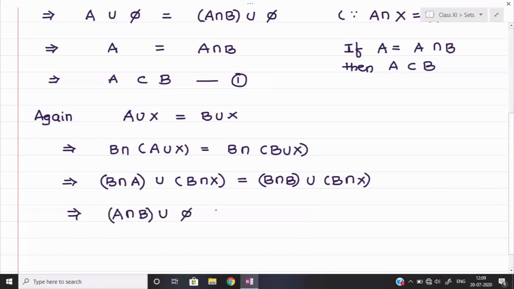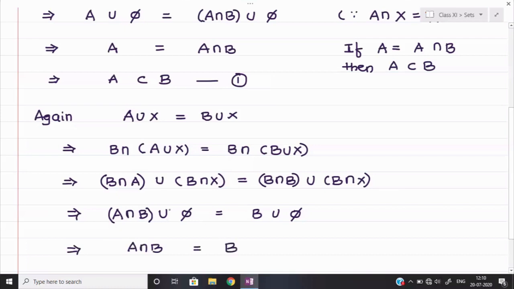So B intersection X I am putting here phi. B intersection B is always equal to B, as you know. Union B intersection X again becomes phi. Now if you take the union of one set with phi, the answer will be that set only. So here we will get A intersection B and here we will get B.